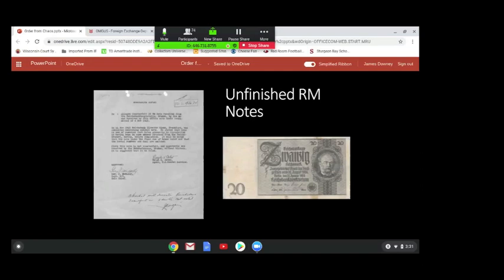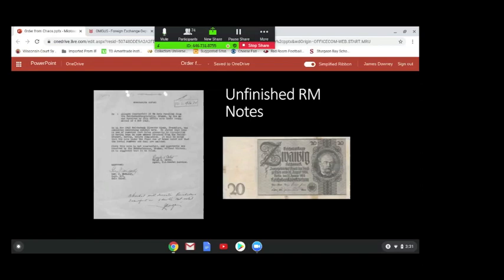There's no explanation given as to why they couldn't be used, but they weren't. So the Reichsbanks were forced to ask the Allied military government for Allied military marks to circulate. So the unfinished notes are a problem also.